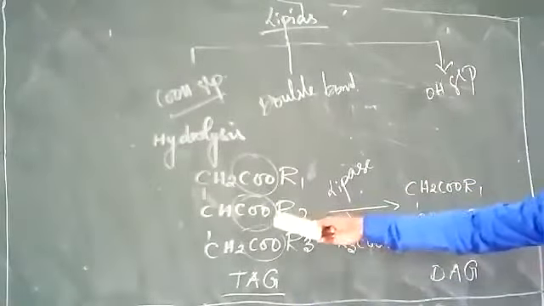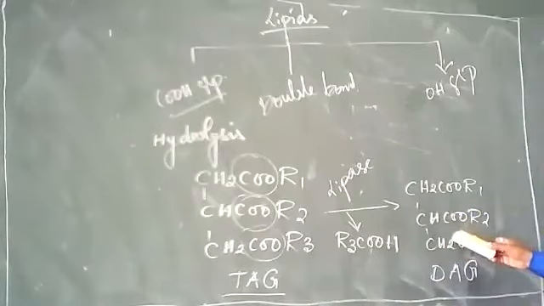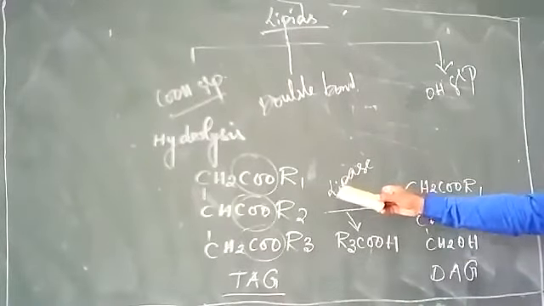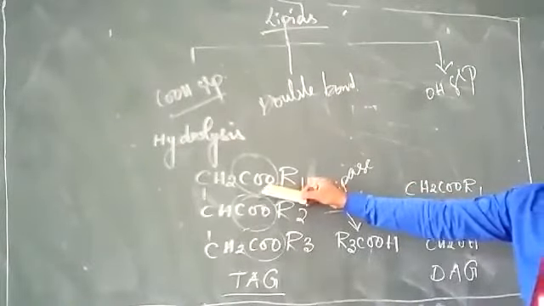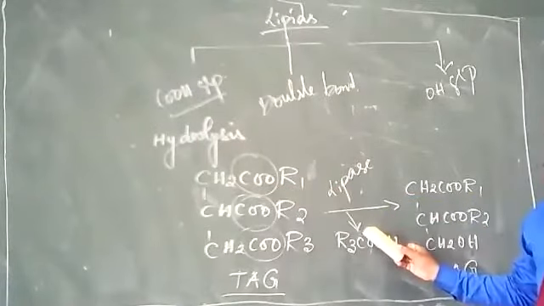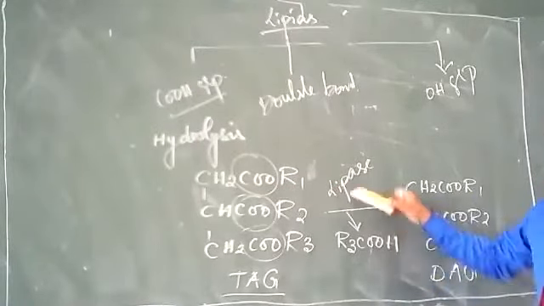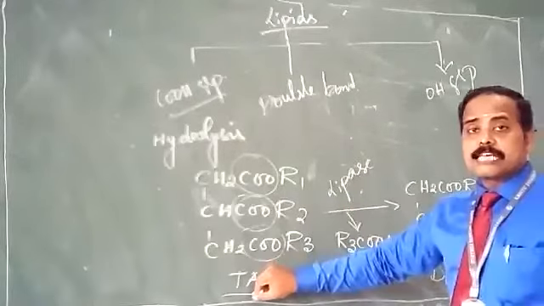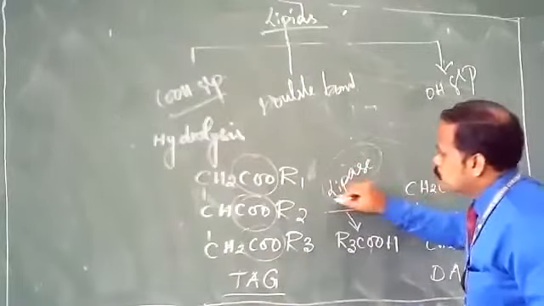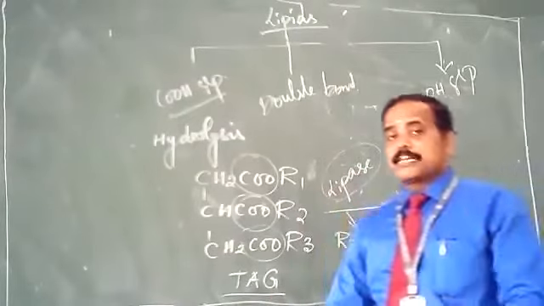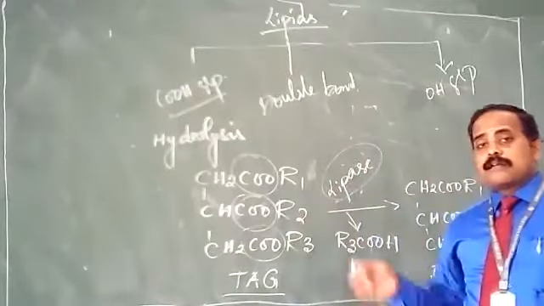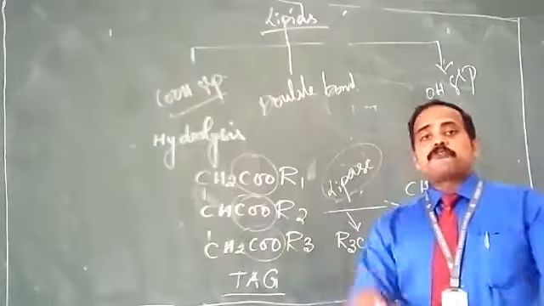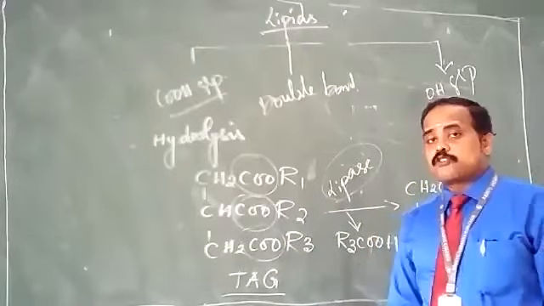So in triacylglycerol hydrolysis, the important functional group involved is the carboxylic group, with the release of one molecule of fatty acid, and the enzyme which catalyzes the hydrolysis of triacylglycerol is lipase. Lipase is the specific enzyme which acts on the storage form of lipid, that is triacylglycerol.